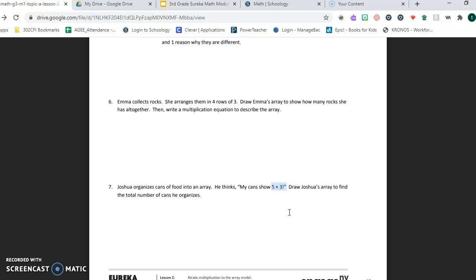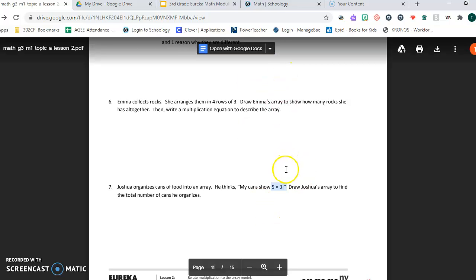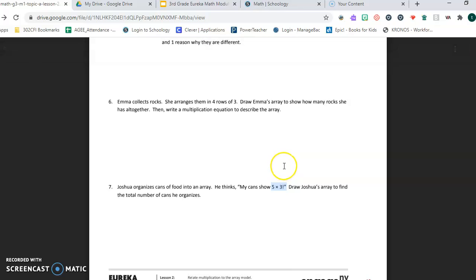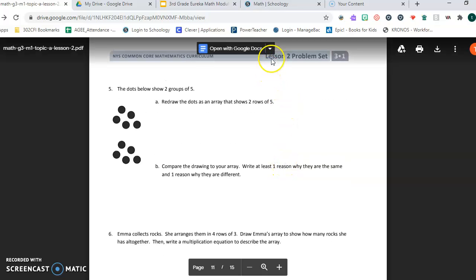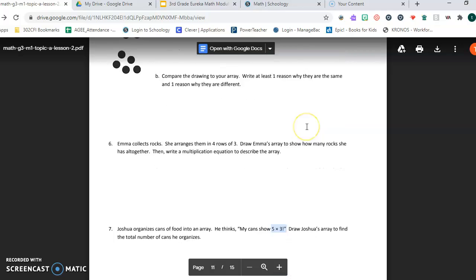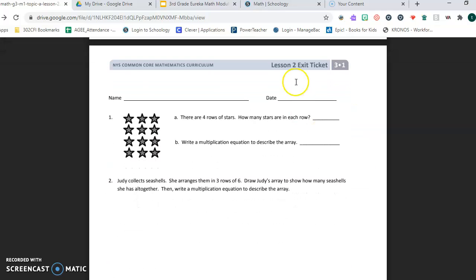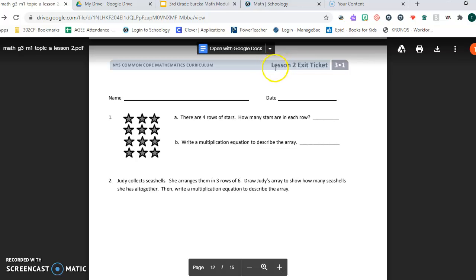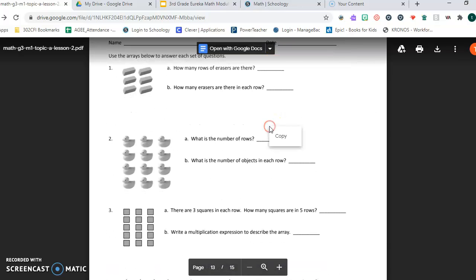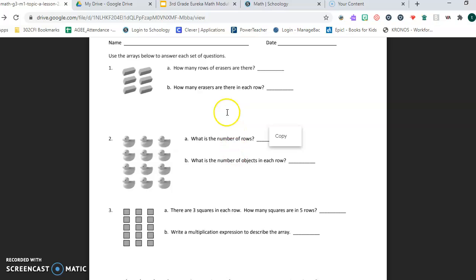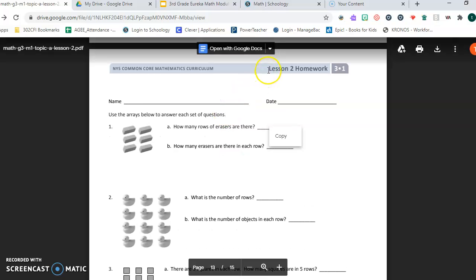All right, I think that we've done enough to complete this, and so your job today is to complete the lesson 2 problem set. And if you have the time and the energy to do it, I highly recommend going ahead and doing the next 2 pages in your book, which are titled Lesson 2 Homework.